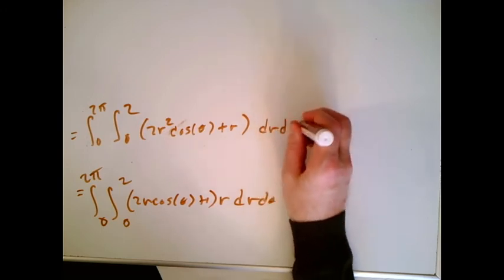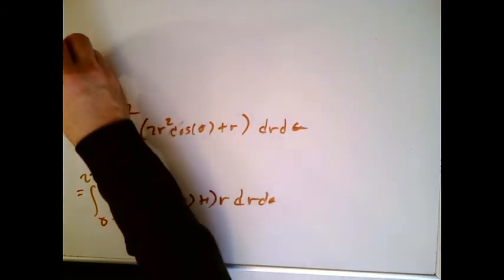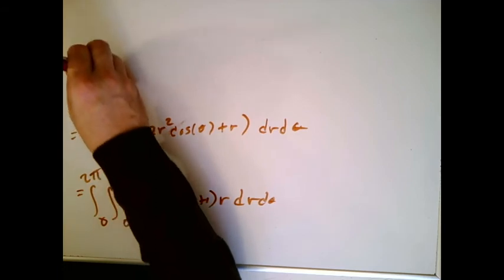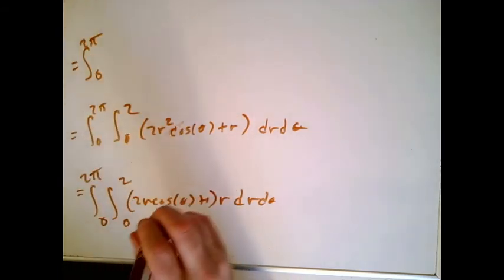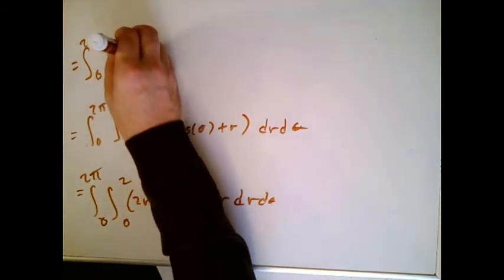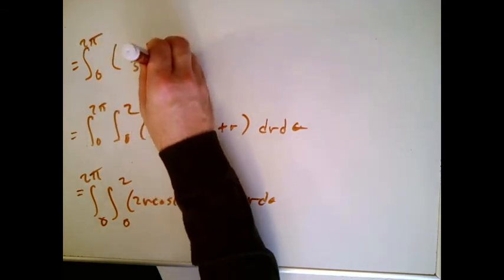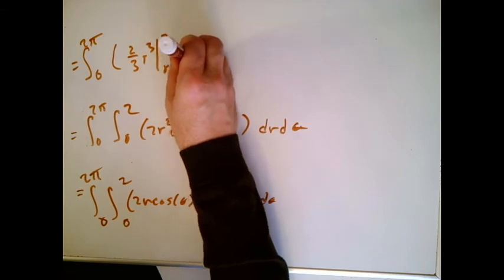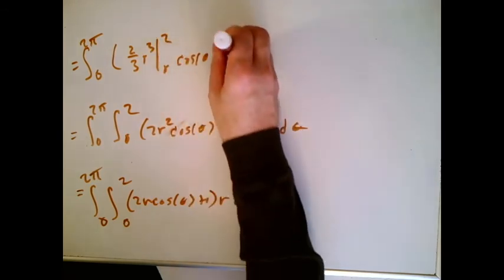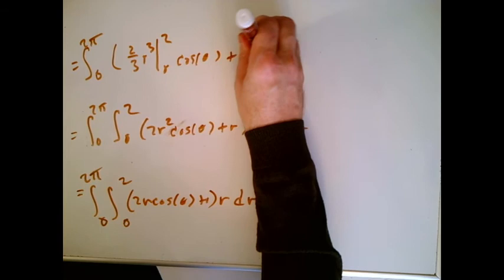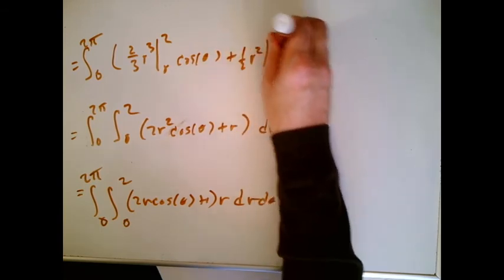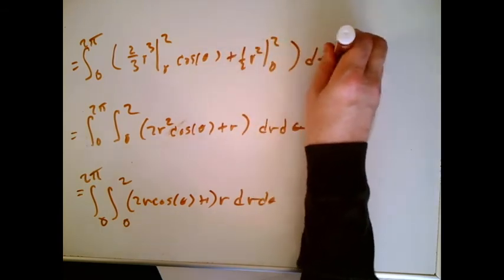We already put the r in. So now we take the antiderivative with respect to r, and I'm going to get something like 2/3 r cubed, that's going to be from 0 to 2 times cosine theta, plus 1/2 r squared from 0 to 2. This is all going to be d theta.